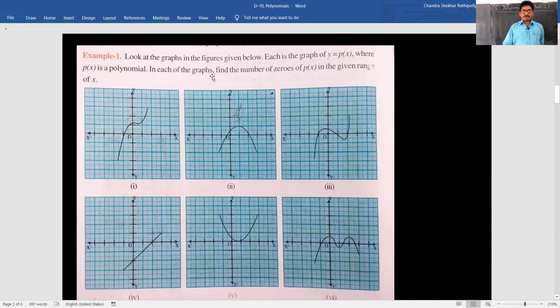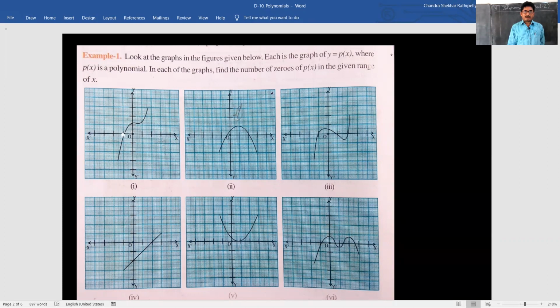In each of the graphs, find the number of zeros of p of x. So here, how many zeros are there?